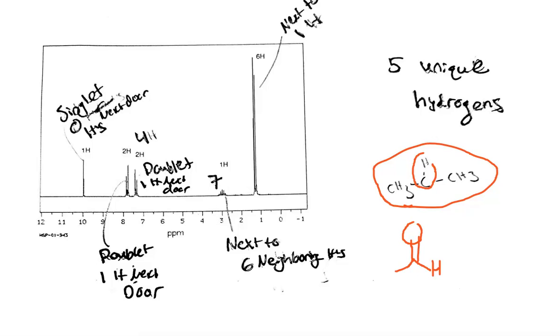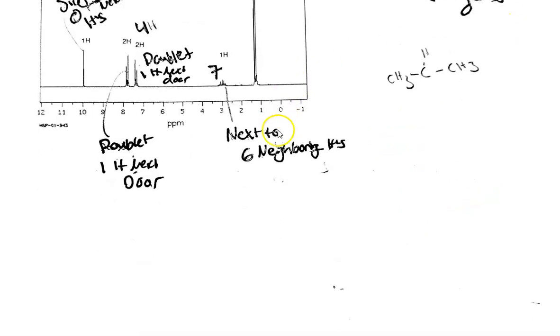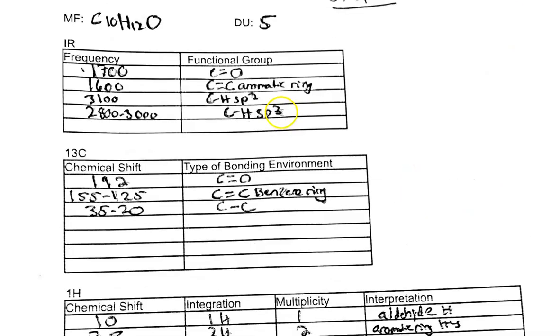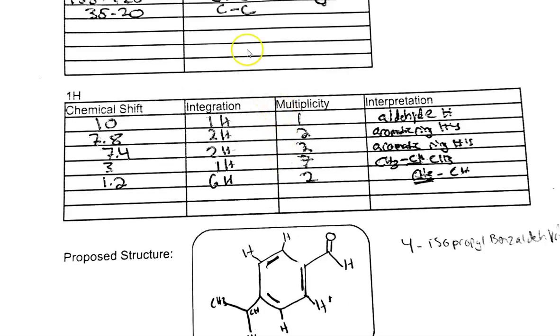Let's get out of the drawing section. There we go. And then here's the table I did for that one. As you can see, the aldehyde corresponds to that 10 chemical shift. We've got the 7.8 and 7.4. These are the benzene ring, and like I said, there are the doublets.